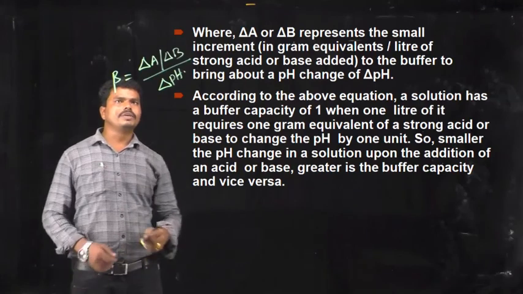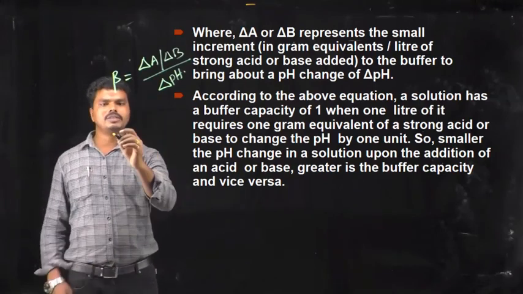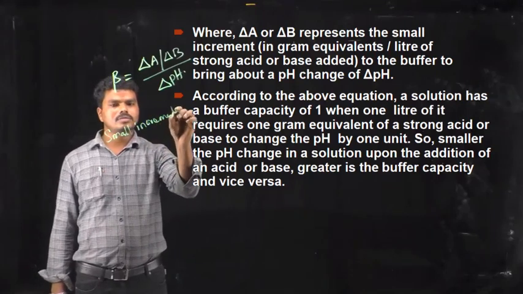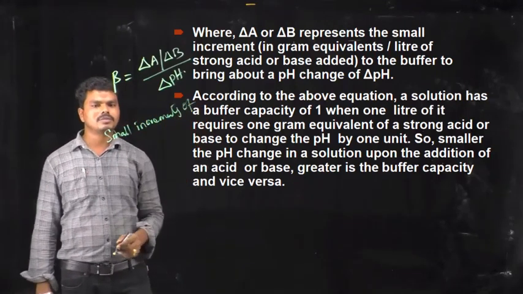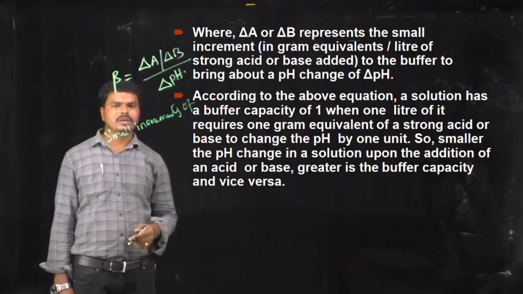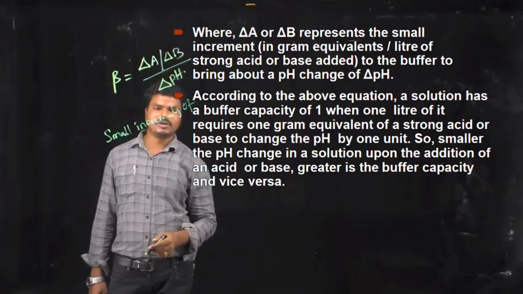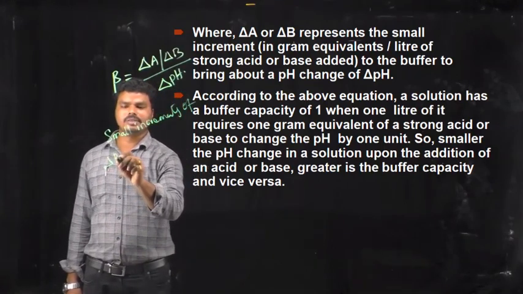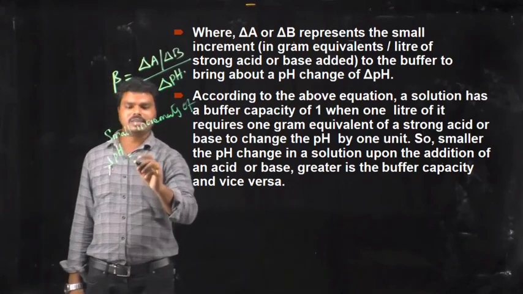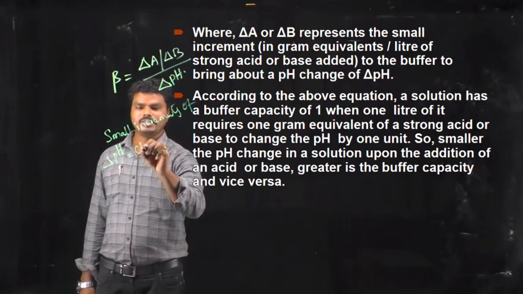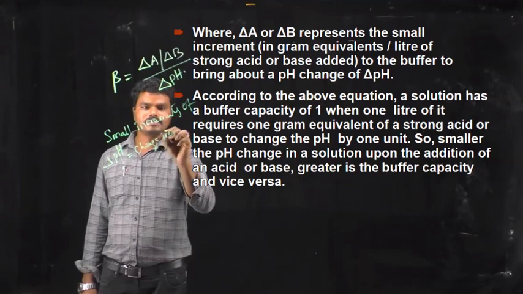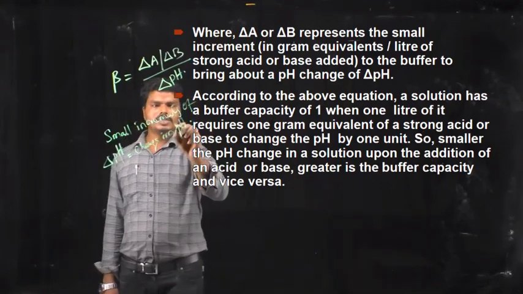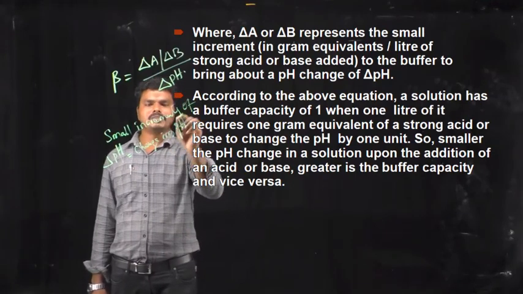In this equation, delta A or delta B represents the small increments of the acid or base, in gram equivalents per liter of strong acid or strong base added, and delta pH represents the change in pH when the acid or base is added.